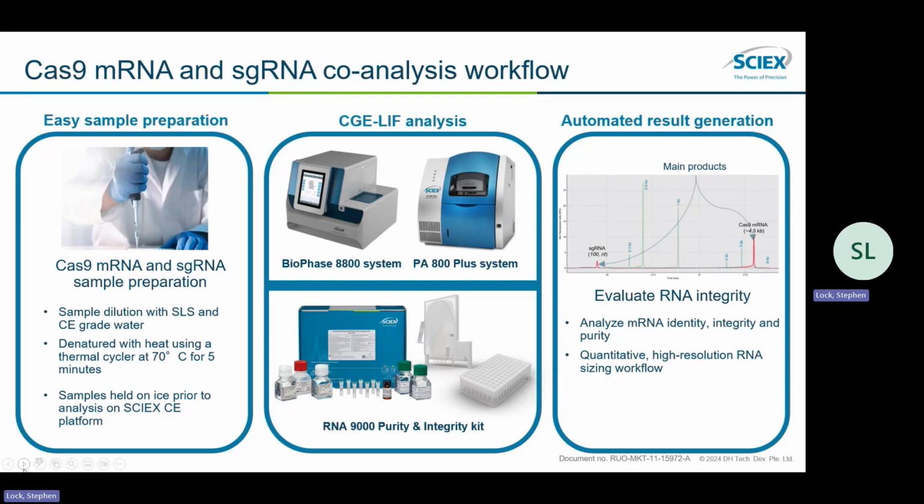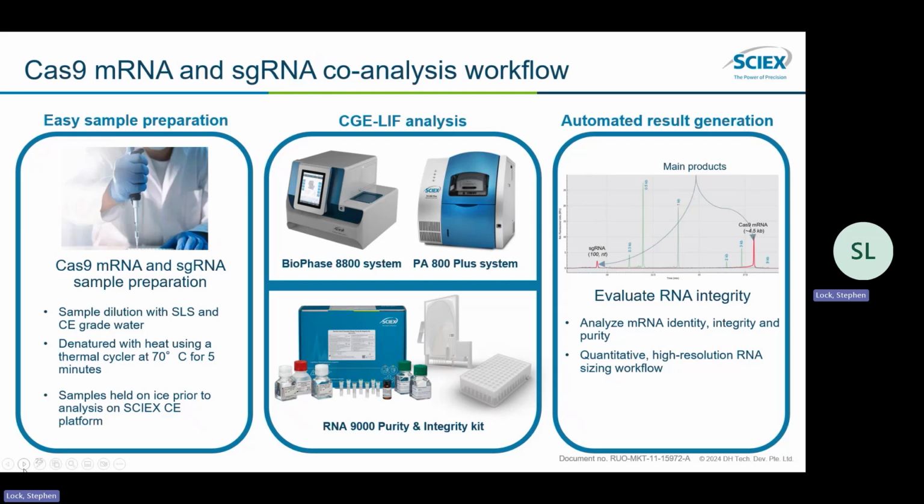We apply this method not only to the P800+ system, which is a single capillary system, but we also use the same approach on the multi-capillary or BioPhase system, which runs basically 8 samples in parallel because it's based on a 96 well plate format. With regards to sample preparation, we try to simplify it. So we took our sample and diluted it in sample dilution solvent in CE grade water.